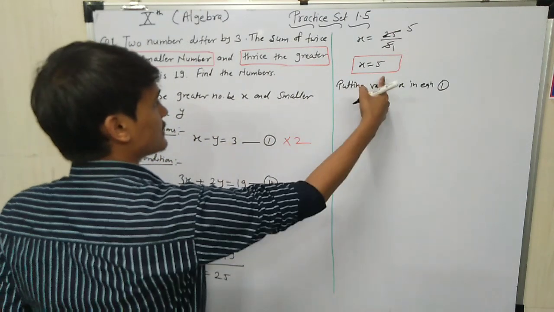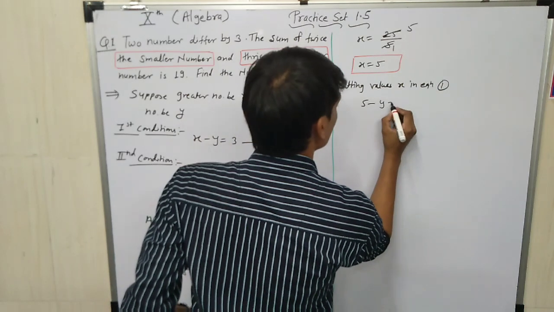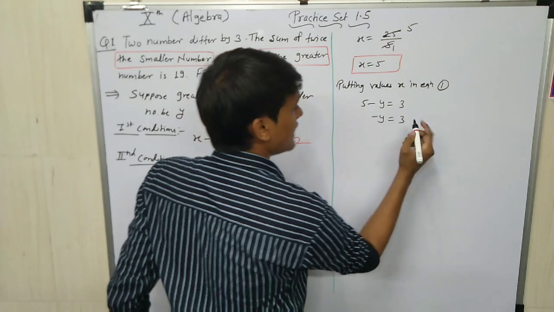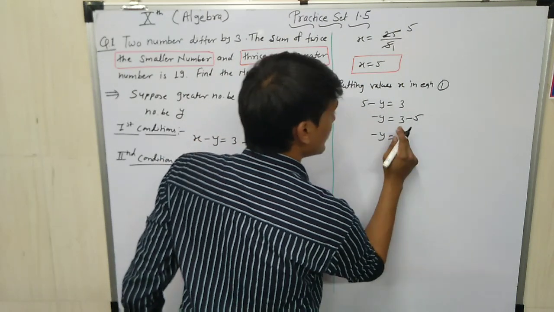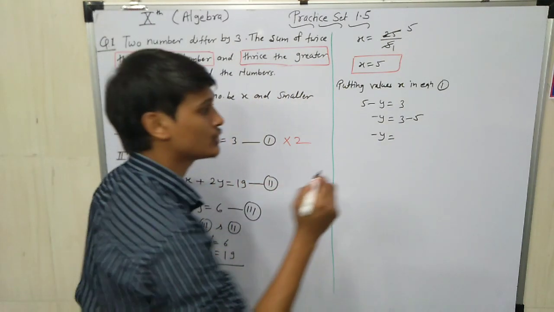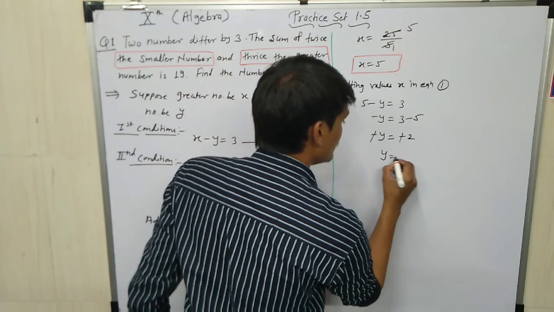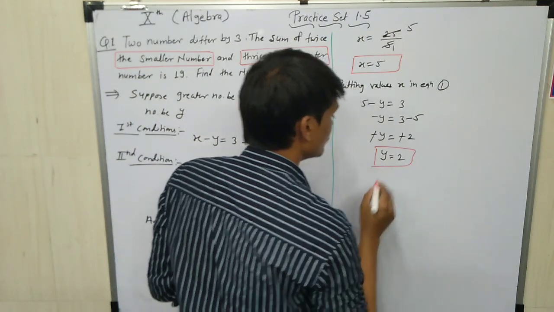Put here x is equal to 5. Then write down here 5 minus y is equal to 3. There is plus sign, there is minus 5. Y is equal to 3 minus 5 is minus 2. There is minus cancelled. Y is equal to what? Y is equal to 2.